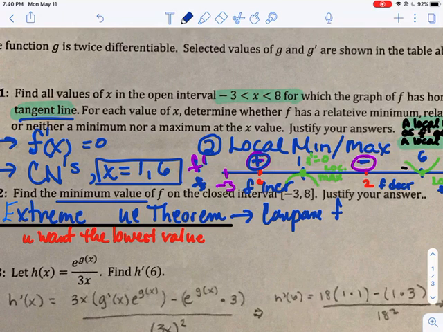So what you want to do is compare F of the critical numbers with F of the endpoints.